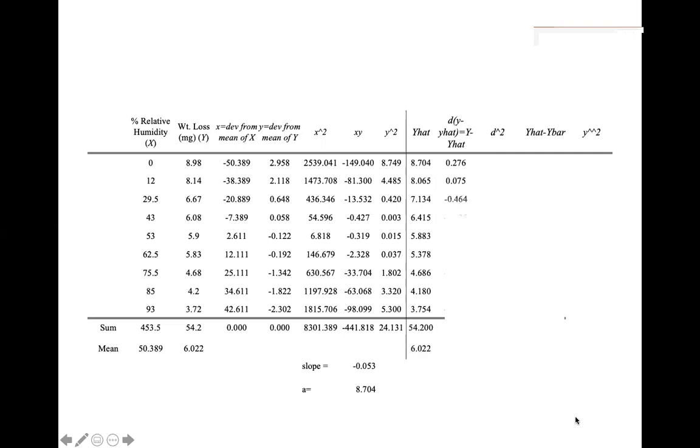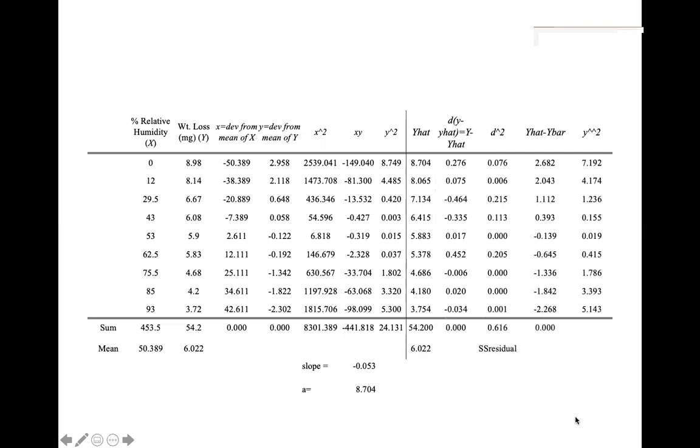We would calculate all these things because we're actually interested in finding the variation in the data that is explained by the regression line, and we are interested in what variation is not explained by the regression line.